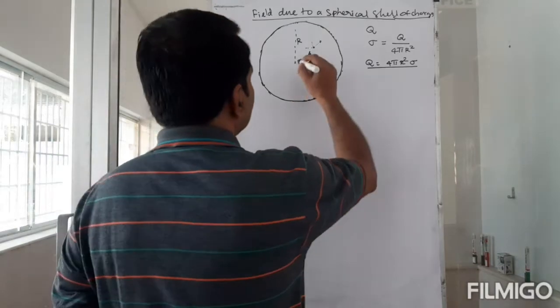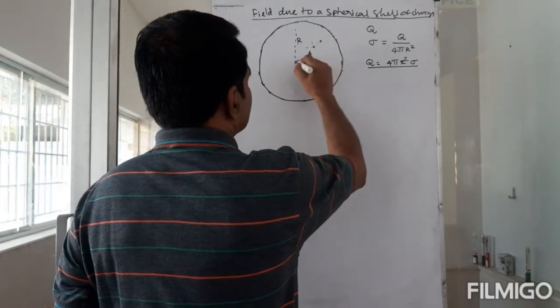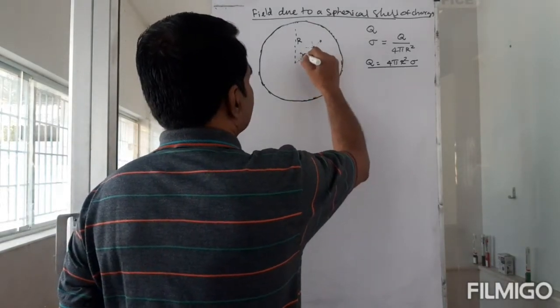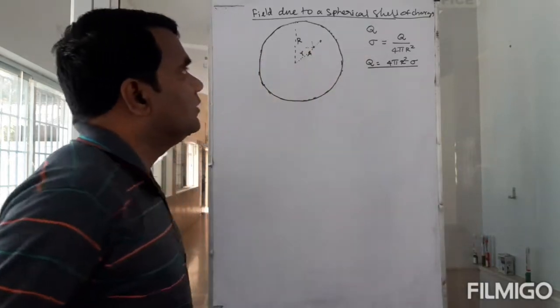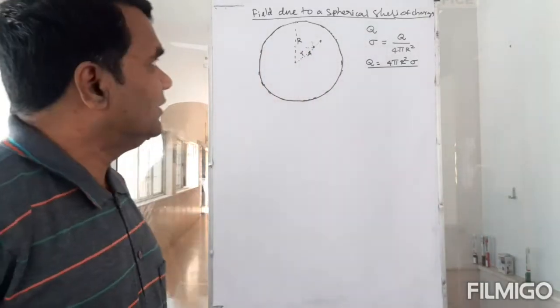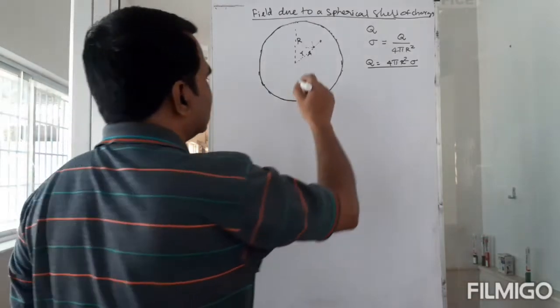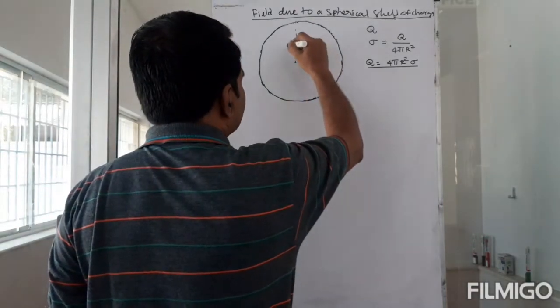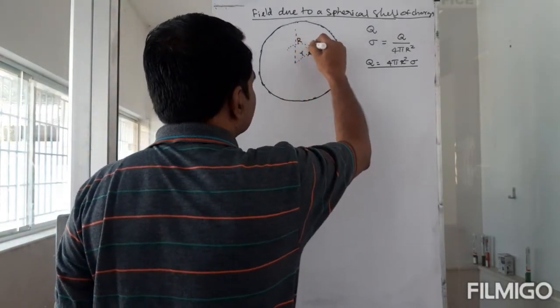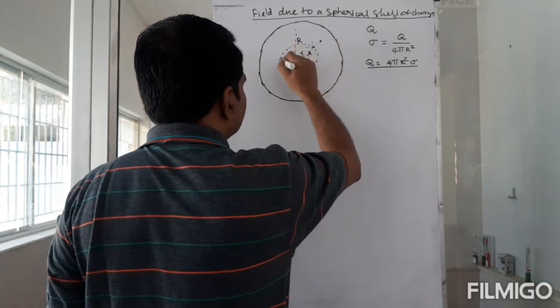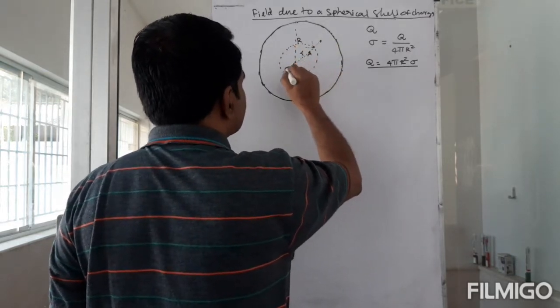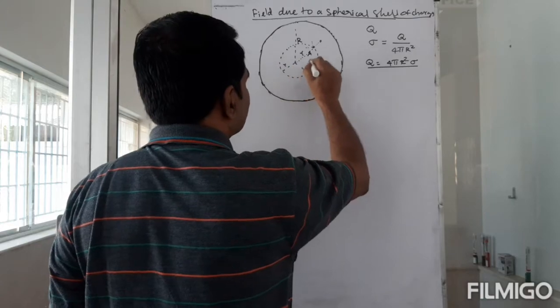Well, the way I'm going to do it is something like this. Let's say this point is at a distance r from the center. And notice that if we take any other point on this inner circle, it is the same distance r.